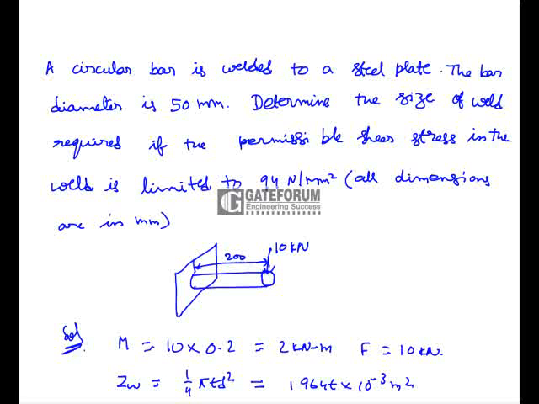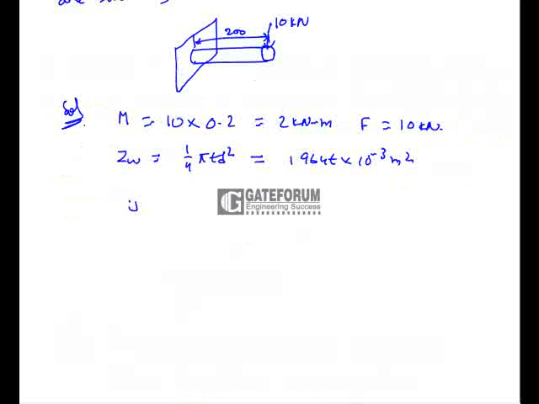The maximum bending stress induced in the beam is sigma max or sigma b equal to M by Zw, which is equal to 2000 by 0.001964 t, so it is 1019 by t Newton per mm square.